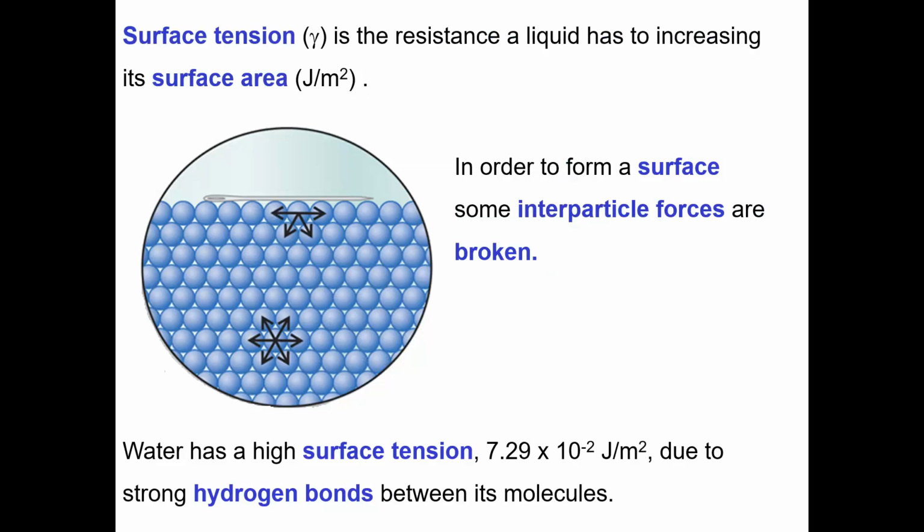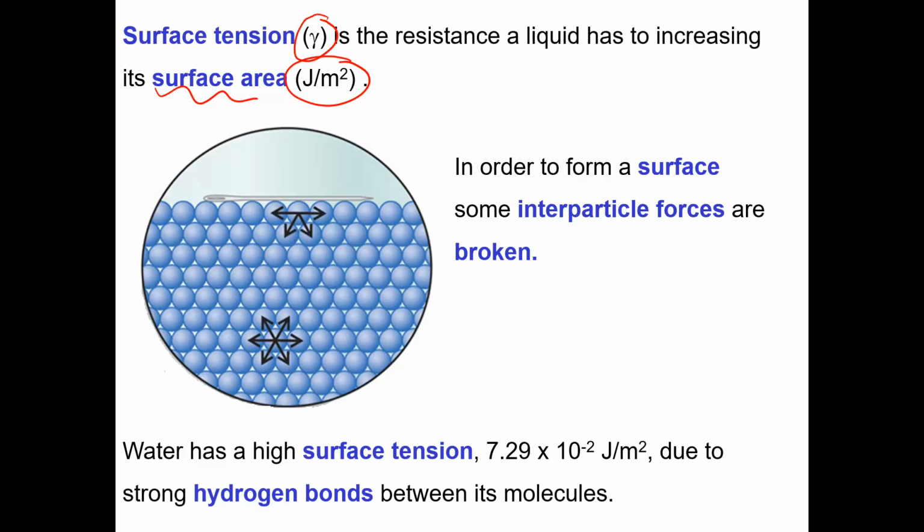The first property of liquids that we'll look at is surface tension. Surface tension is the energy required to generate surface area, and it's actually energy per meter squared. Why does it cost energy to make surface?